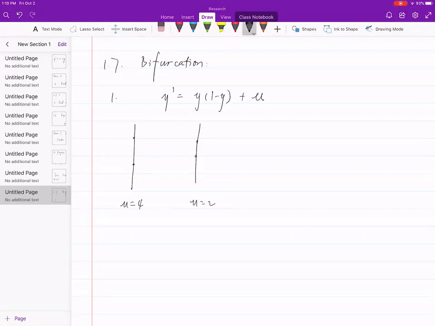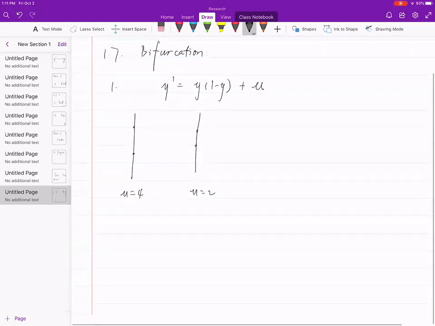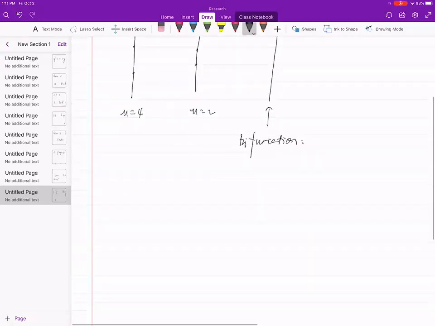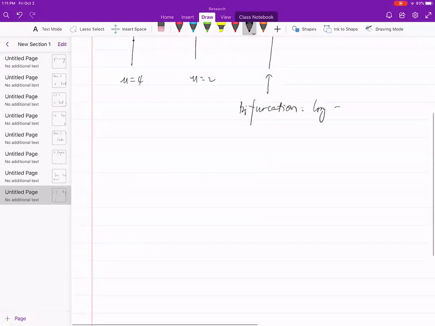A bifurcation occurs if, after you change mu to a certain threshold, the whole long-term behavior of the solution starts to change.